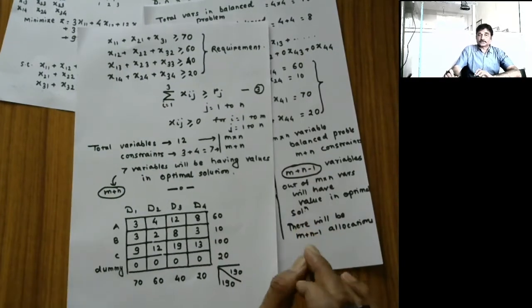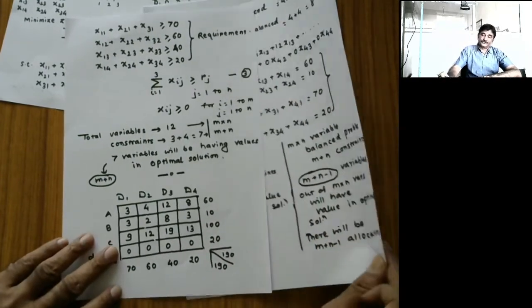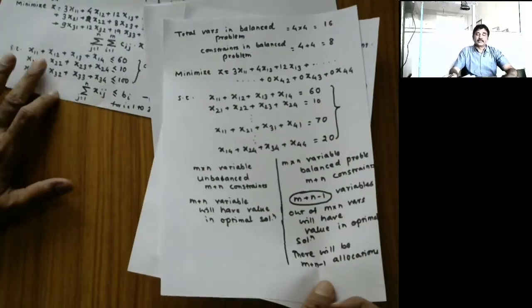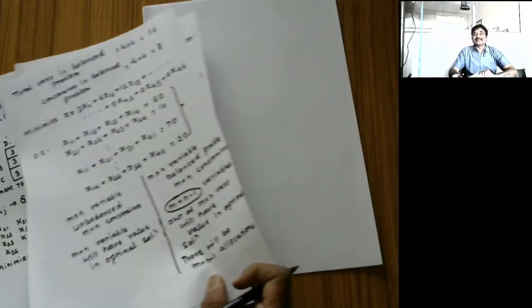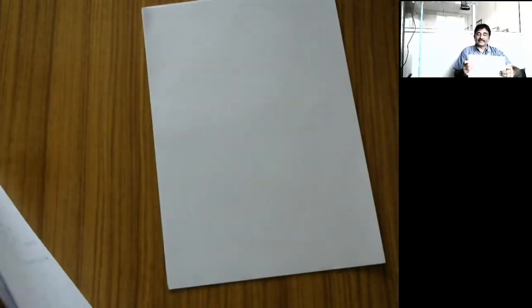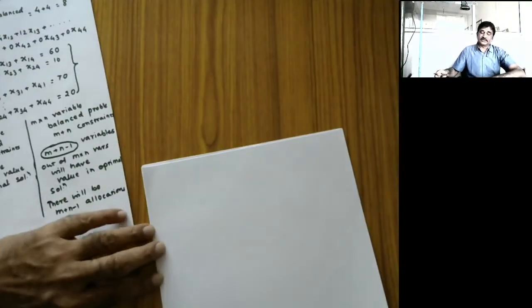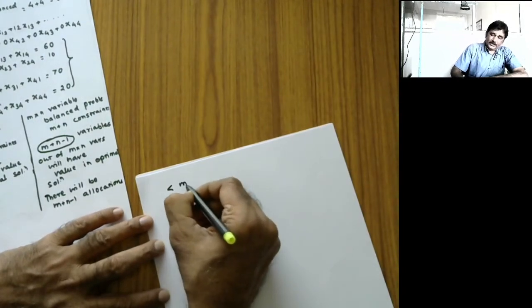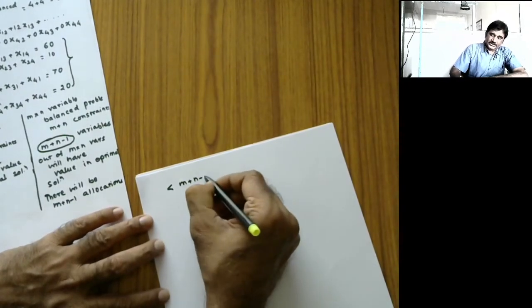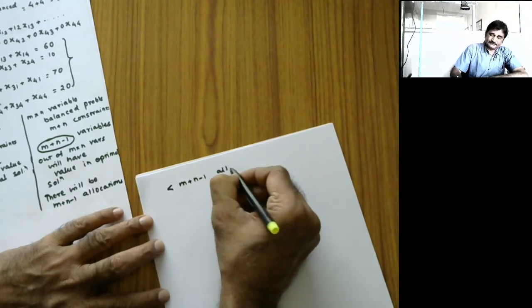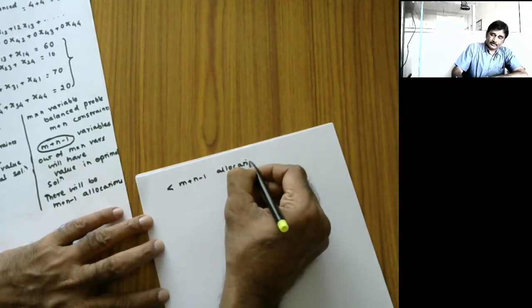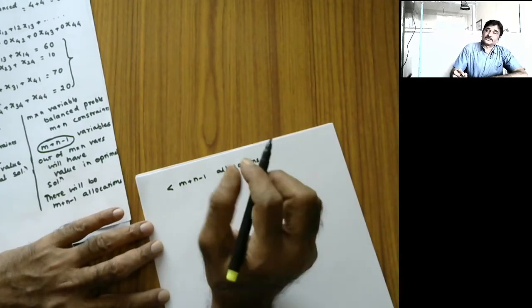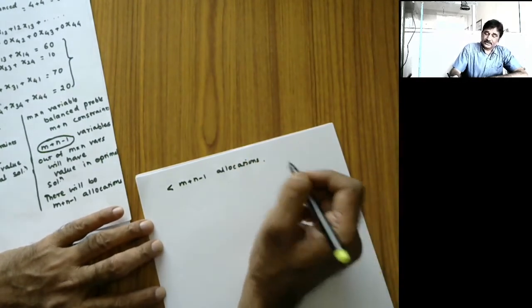Suppose you come across a case wherein there are fewer than m plus n minus 1 allocations.